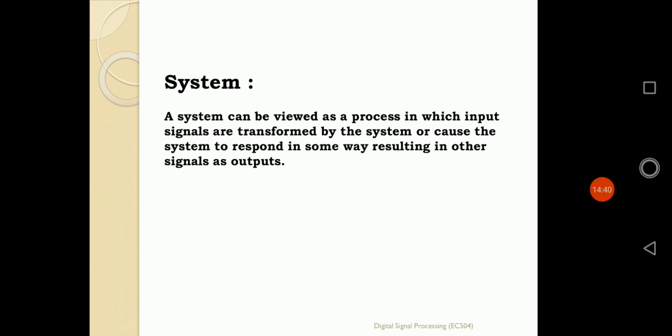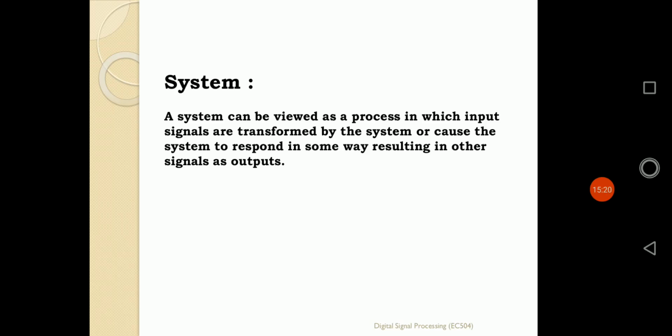It can be an amplifier giving an enlarged amplitude, an oscillator, a filter, or a microphone or speaker. Whatever the type of system, it accepts the input signal, processes it, and gives the desired output. So basically a system is a physical device that operates on a signal. It is basically a processor.